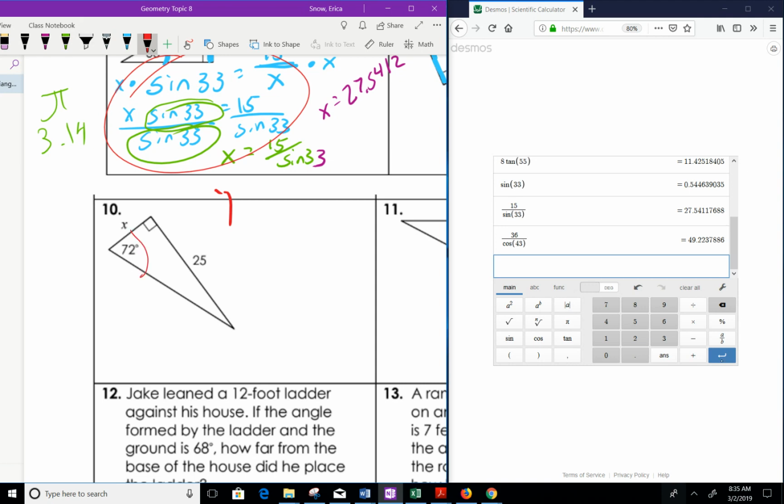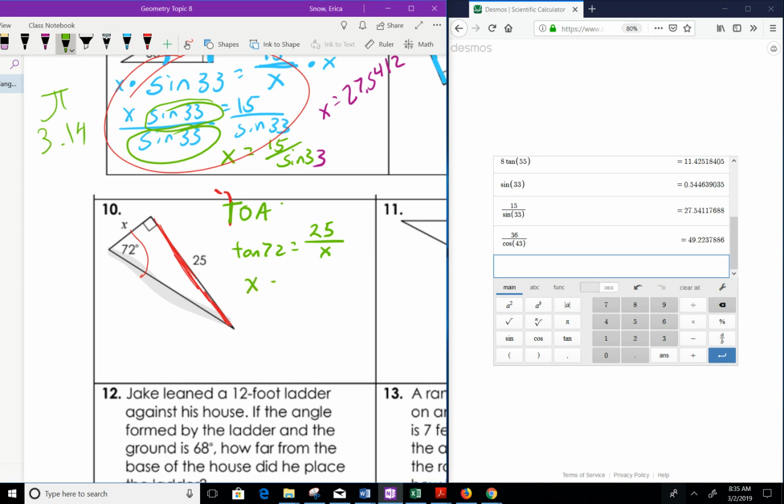Okay, we're given 72. And there's our opposite side. And then our hypotenuse is over here. So that means that we have the adjacent and the opposite. So that's going to give us tangent. So tangent 72 equals opposite over adjacent. Notice that x showed up in the denominator again.